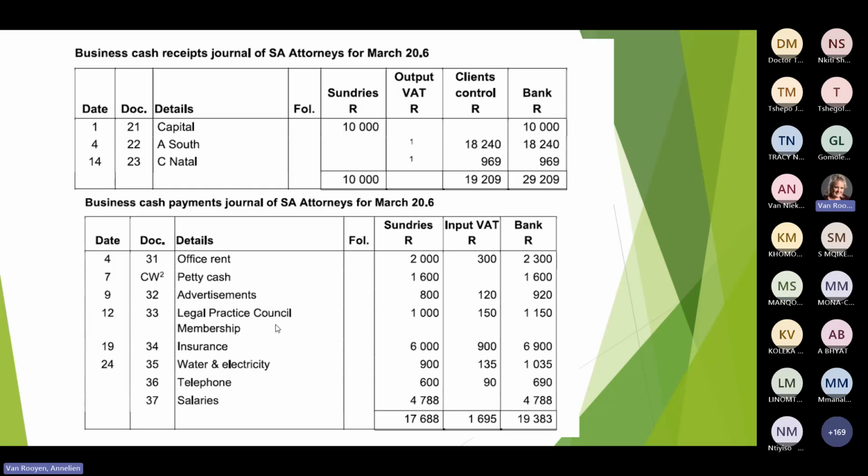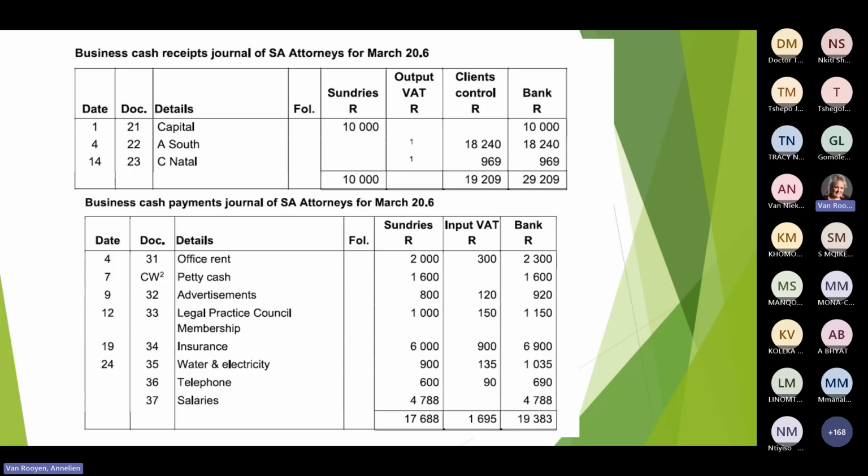It means that your expenses and your income need to account for VAT, because the SA attorneys is a VAT vendor. So if you have, for instance, a rental expense, you are allowed to take out the 300 Rand VAT included in the amount you paid, and you can claim that from SARS as an input VAT.